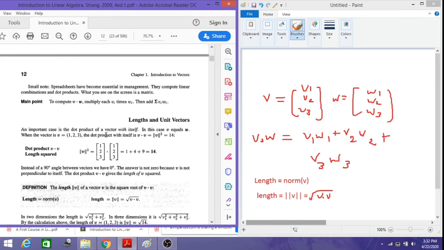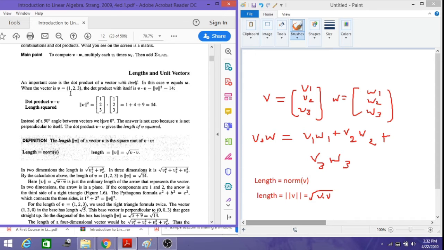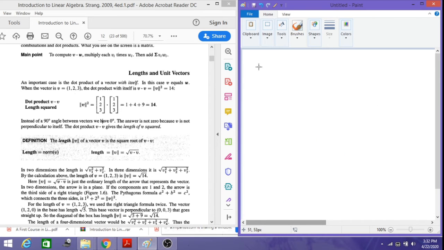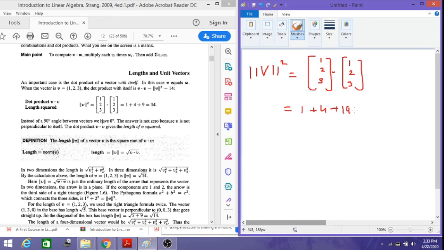Now let us take an example and see the dot product of V with itself, the squared length. For example, we have the vector 1, 2, 3. Taking the dot product of this with itself will result in 1 plus 4 plus 9 equal to 14.